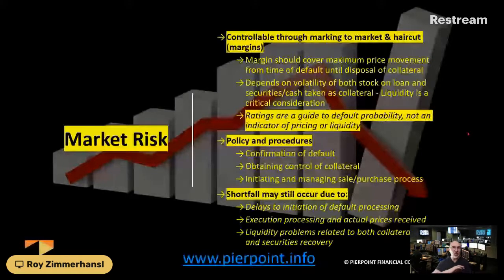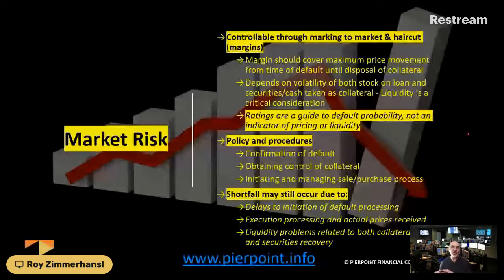But even if you take good quality collateral and you have a diversified portfolio and you don't have overly concentrated positions and they're liquid, and you have great policy, so you get into action right away, and there's nothing delaying you, the truth is there still may be delays. The stock exchange where you place the orders may be overwhelmed with volume, and so your order, which you think you're getting in very quickly, might be stacked up.